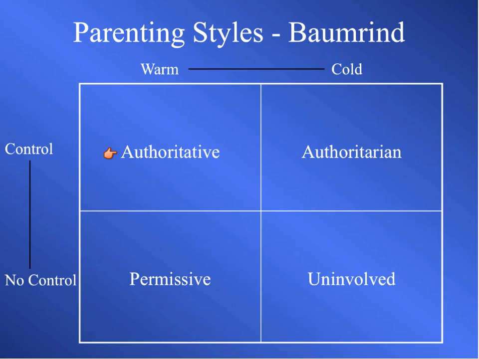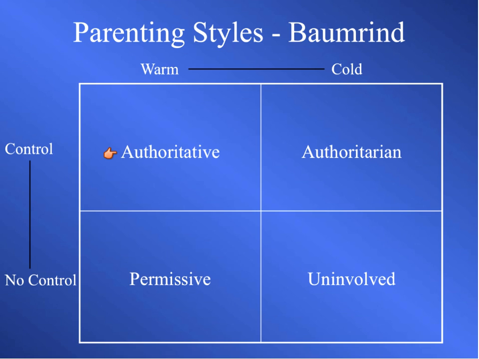Okay, dad might be authoritarian and mom might be authoritative. Okay. Mom and dad themselves can have different parenting styles depending on what the child is like. Remember reciprocity, right? What does the child bring to the table? You might need to be a little more authoritarian with one child and a little more authoritative with another, for example. So what goes on here?